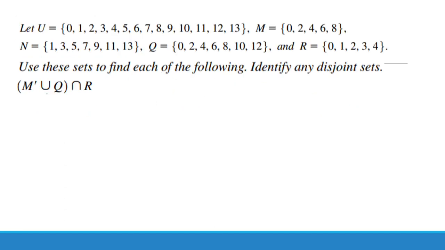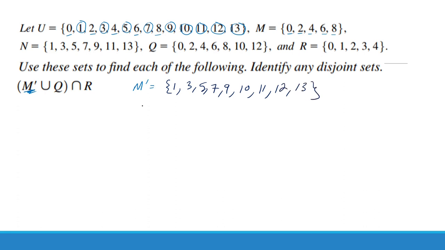To do this question, I want to always try to do all of the complements first. So I'm going to focus on M complement or M prime. We have M prime is the numbers 1, 3, 5, 7, 9, 10, 11, 12, 13. And we're going to union that with Q, so let's write down the numbers.